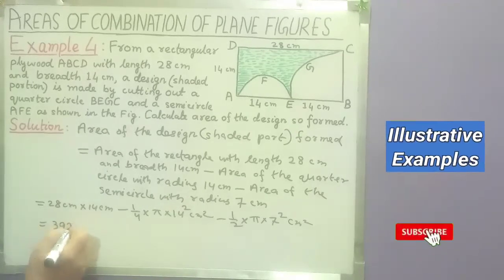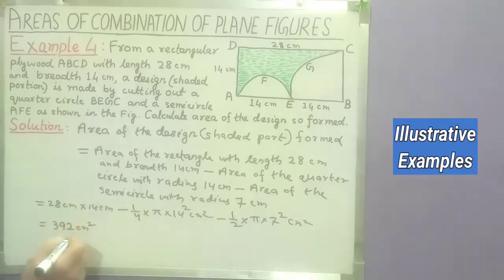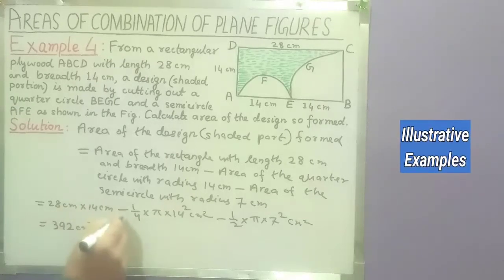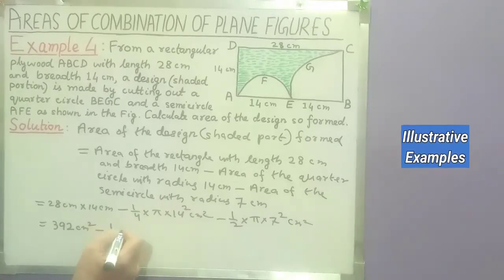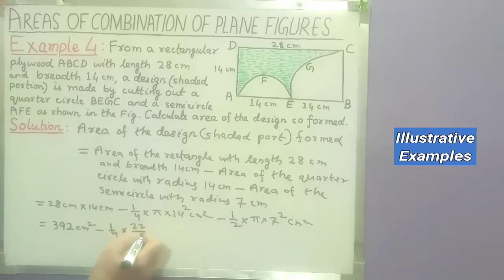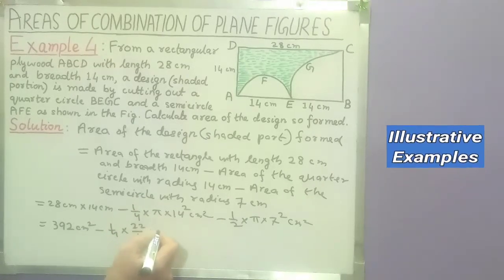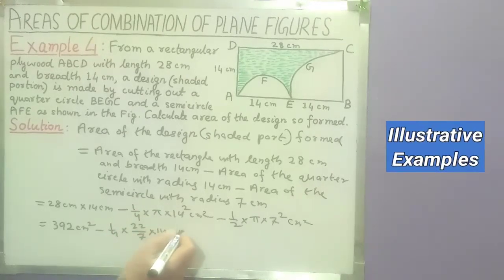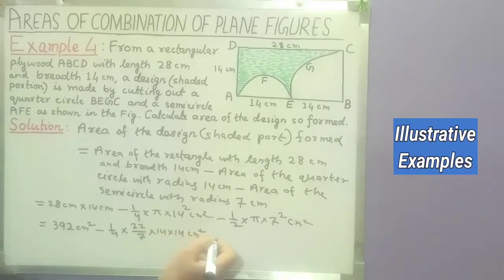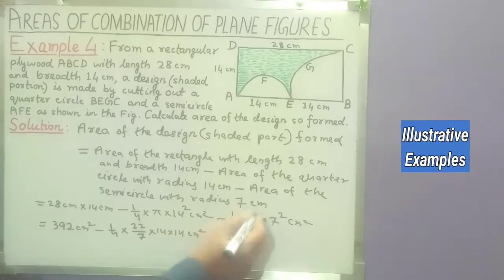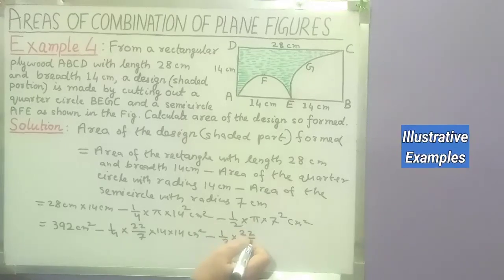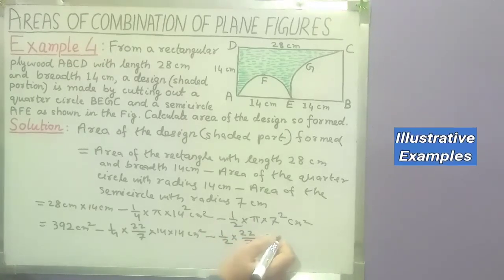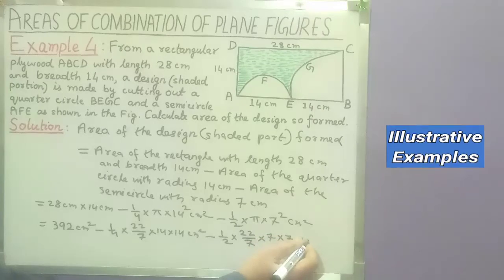On simplification, we get 392 centimeter square minus 1 by 4 into 22 by 7 into 14 into 14 centimeter square minus 1 by 2 into 22 by 7 into 7 into 7 centimeter square.